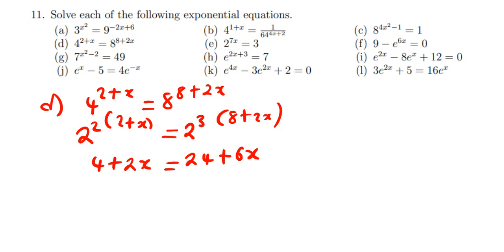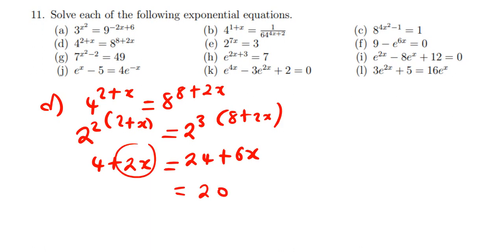We just put the like terms together. If I take the 4 to the other side, I'm going to have 20 on the other side, 24 minus 4. This is 2x.